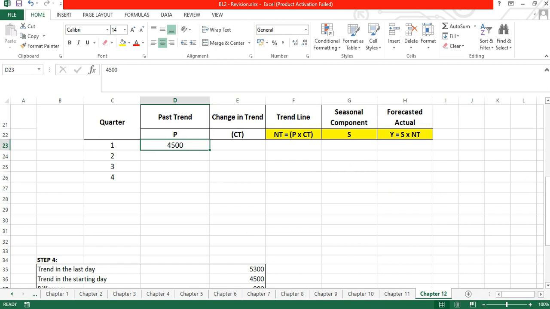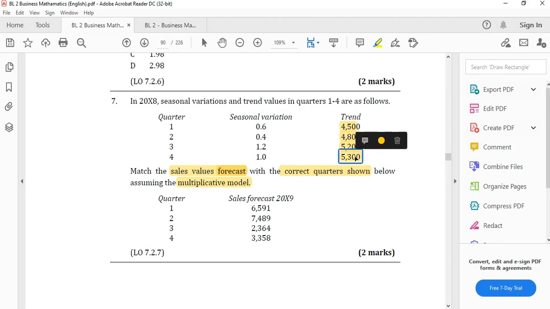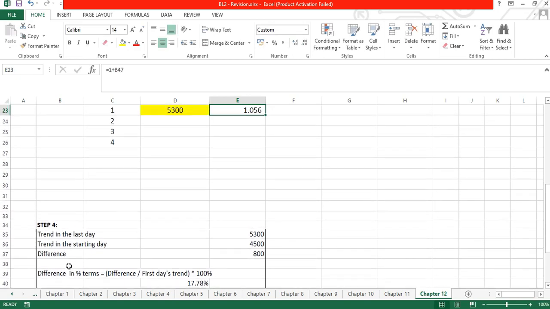Actually, there's a mistake. The past trend must not be 4,500. Why is that? Because we are going to forecast the trend. When forecasting the trend, remember, we discussed this in the lecture, we must continue with the last trend. So the last trend is 5,300. That is what should be here. The change in trend is 1 plus this 5.6 percentage.